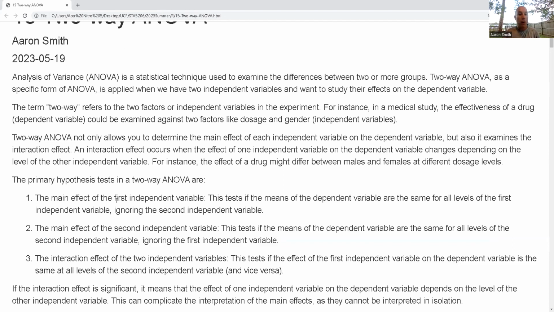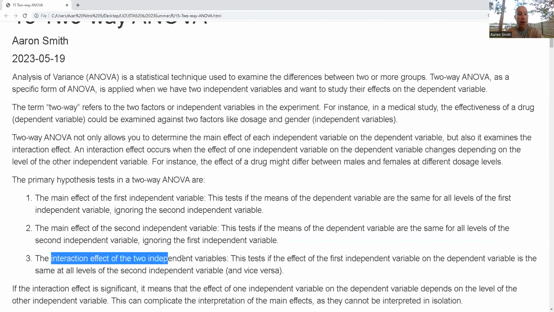Here we're only considering the first independent variable. Here we're only considering the second independent variable, and we're not letting the other one have any influence on what's going on. Now, on this next one, we consider them both together. Do we get more or less out of the combination?